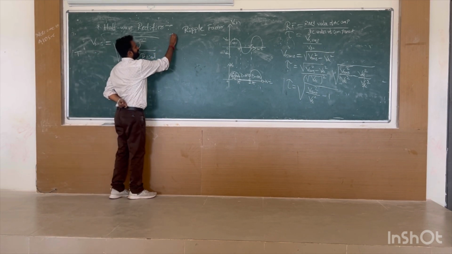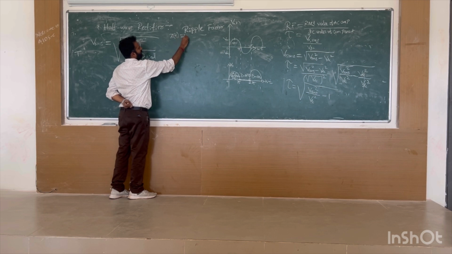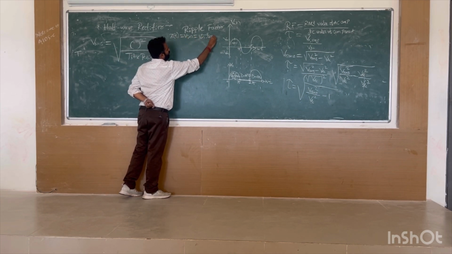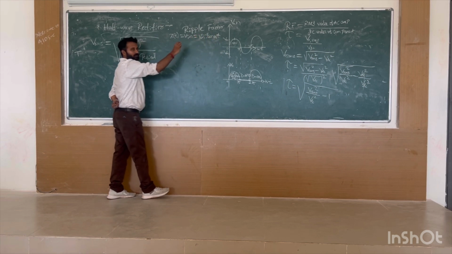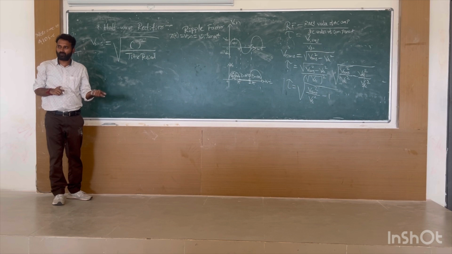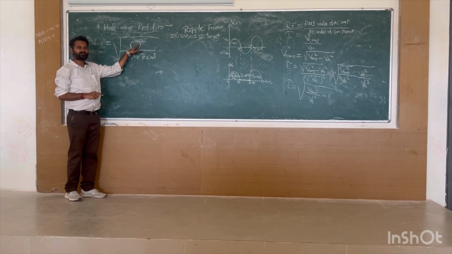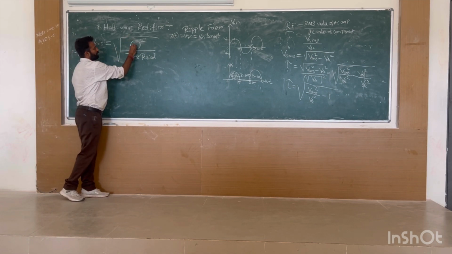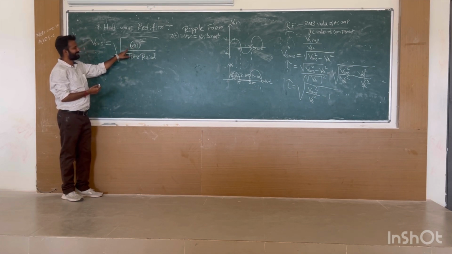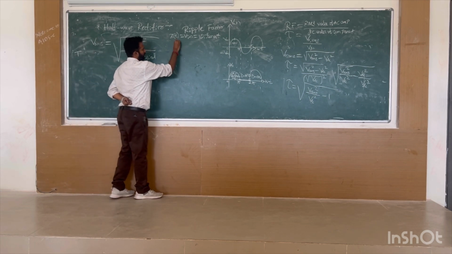Now I will tell you what the square of the function is. The function x of t is equal to v in, which is equal to Vm sin omega t. That is your function, the waveform. I am talking about the square of that function, so you write x of t whole square.